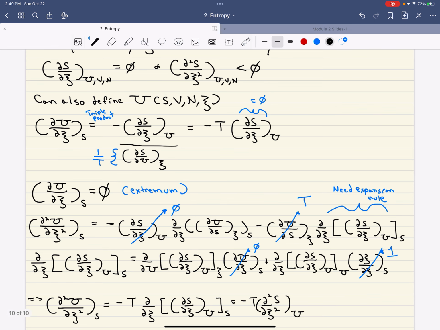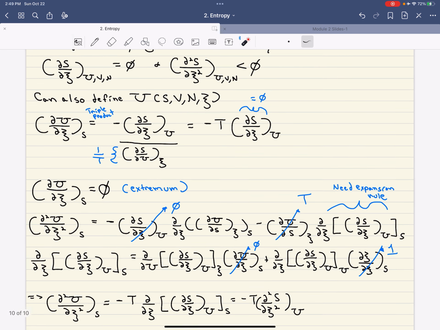If we go back here, we know that by definition, the second derivative of our entropy with respect to psi is negative, or less than 0.